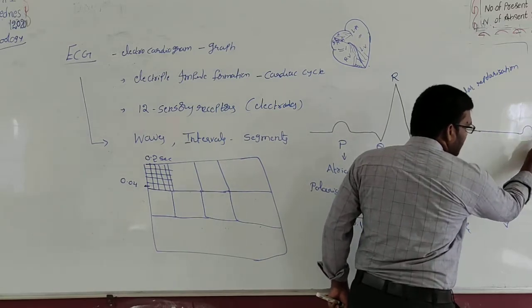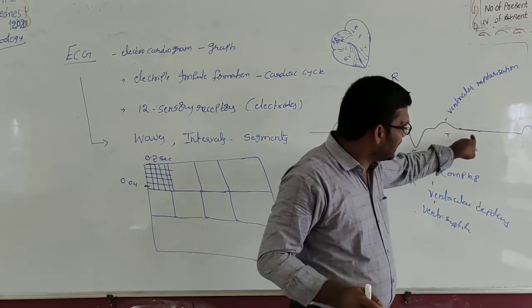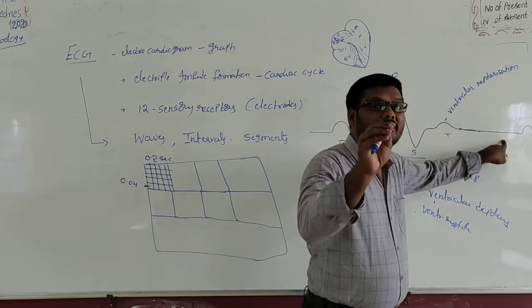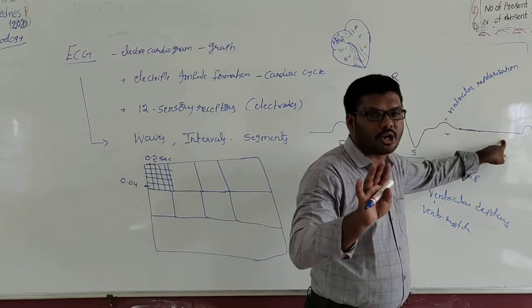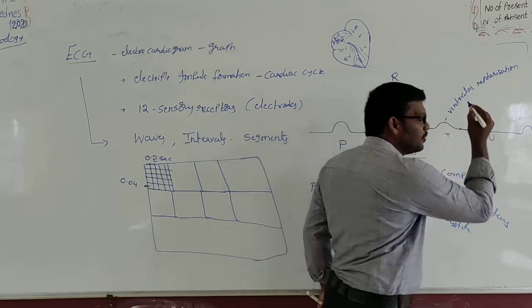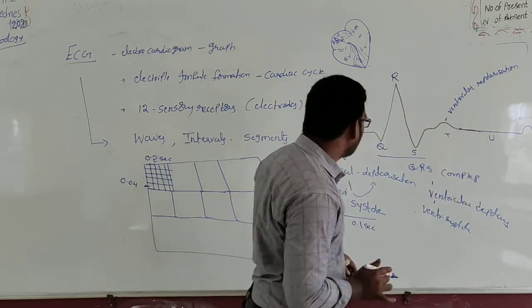Then again you can start the P wave. Here no electrical impulse formation is able to take place in this region. This is U.